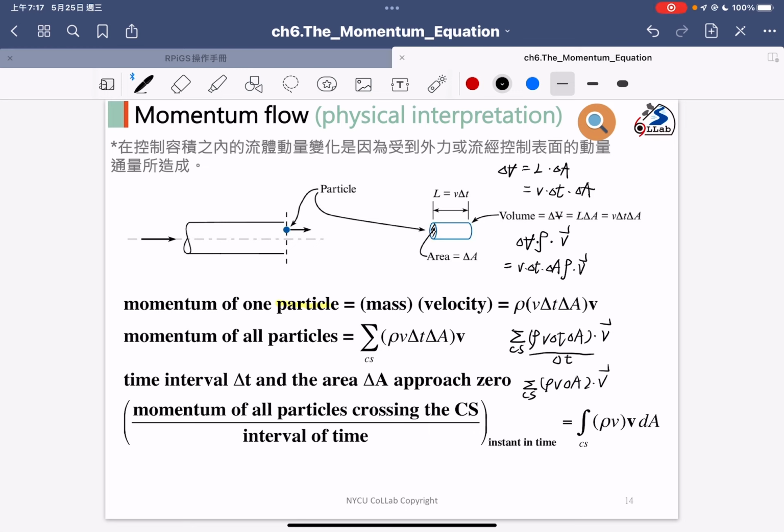And if your cross-section area is quite small, you can replace the sigma by the integration operator. So that's how the momentum flow contributes to the momentum change along the control surface, and it's the physical interpretation.